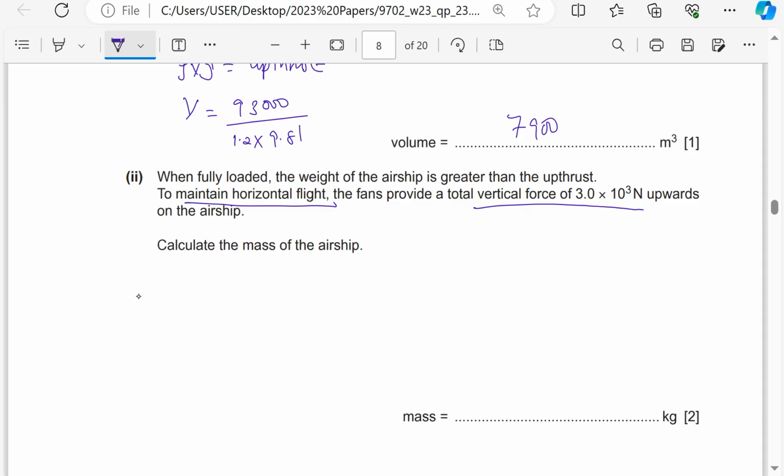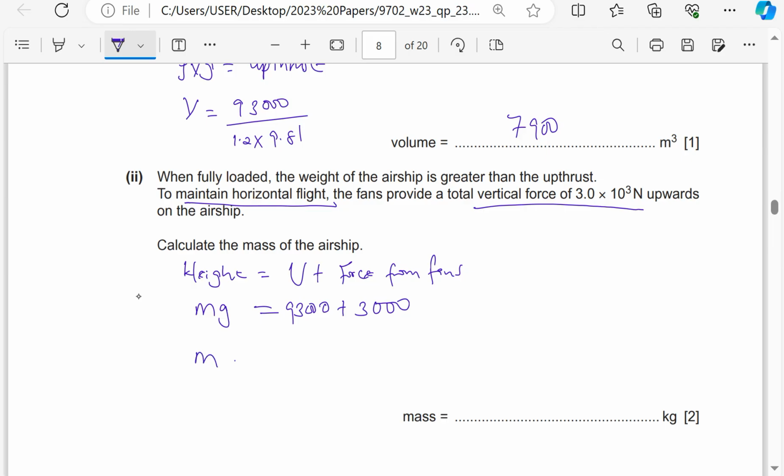So if there is still horizontal flight, the resultant force in the vertical should be 0. In this case, the weight downwards should be equal to the upthrust plus the force from the fans. So the weight of the airship, the mass times g, should be equal to 93,000 plus the force from the fans, 3 times 10 to the power 3, which is 3,000.